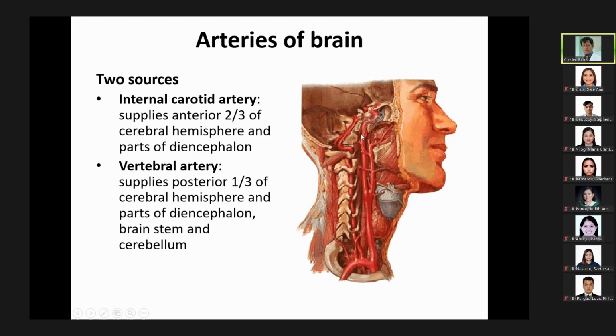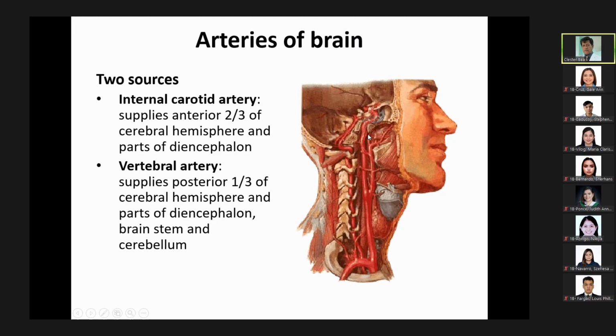Okay? It will pass through an opening at the base of the skull known as the carotid canal. And from the carotid canal, it will travel a somewhat oblique course, and it will emerge via the foramen lacerum inside the cranial bone.